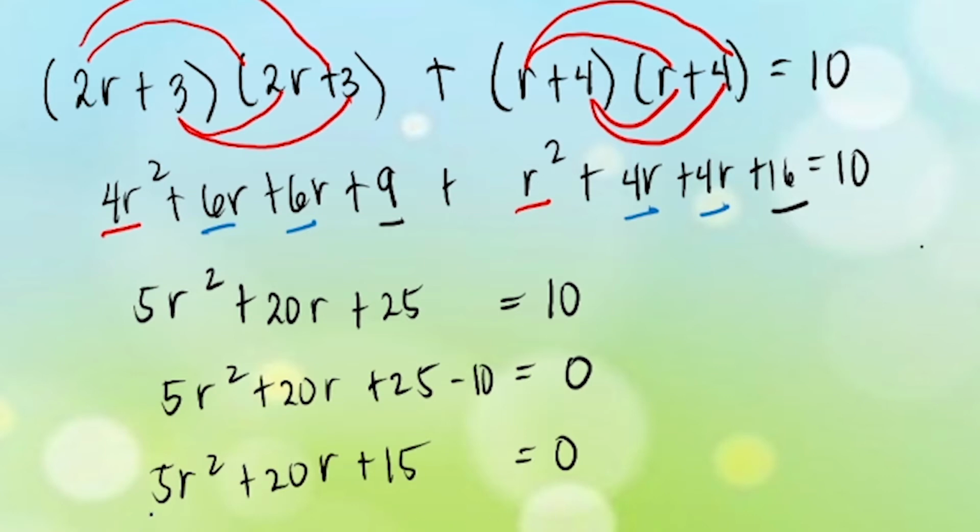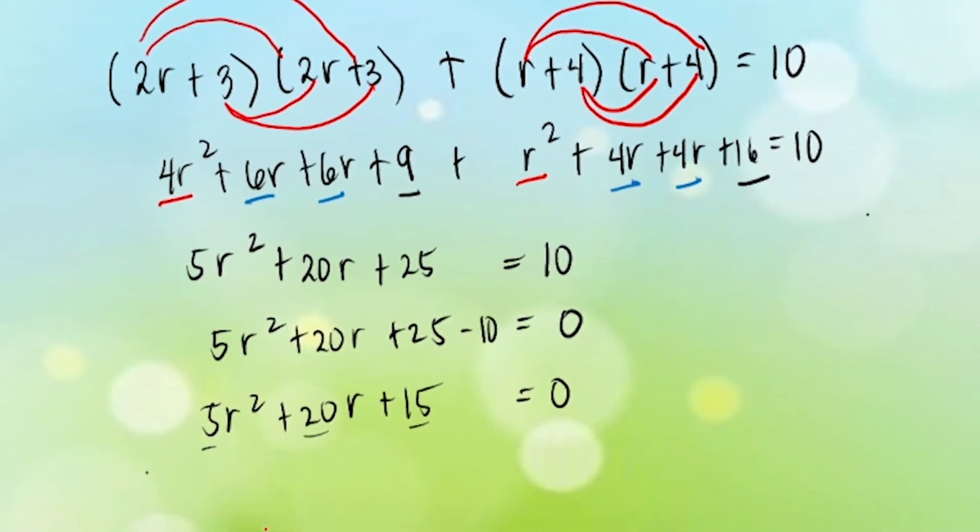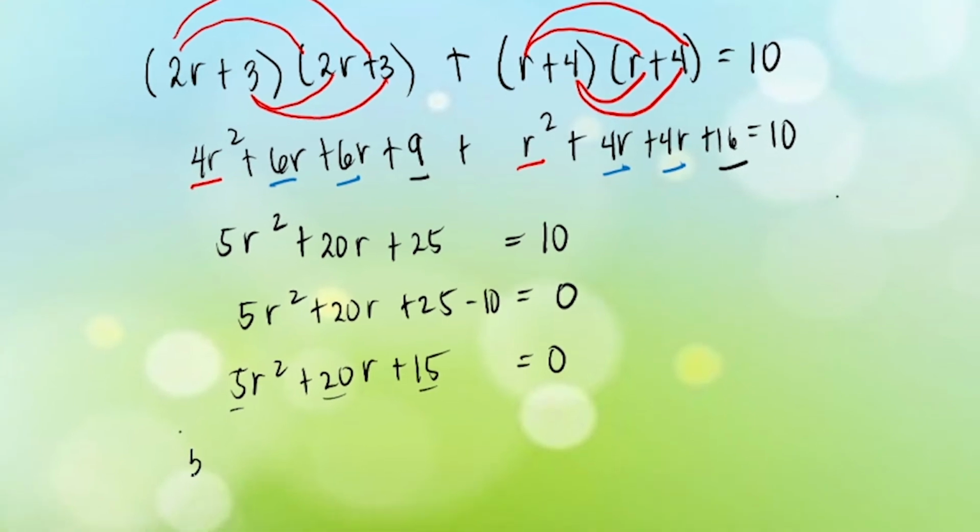As you notice, we have here a common factor, which is 5. So we're going to remove the common factor by dividing the equation by 5. This will become r squared plus 4r plus 3 equals 0. So I guess it's factorable.